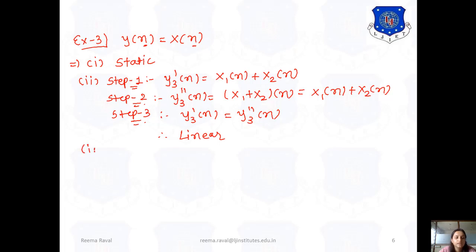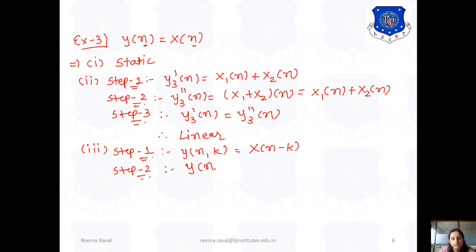Okay. Then the third one is to find out whether the system is time variant or time invariant. For that, step 1 is y of n comma k, that means delaying the input by k samples. That will give x of n minus k, right? Step 2 will be y of n minus k.